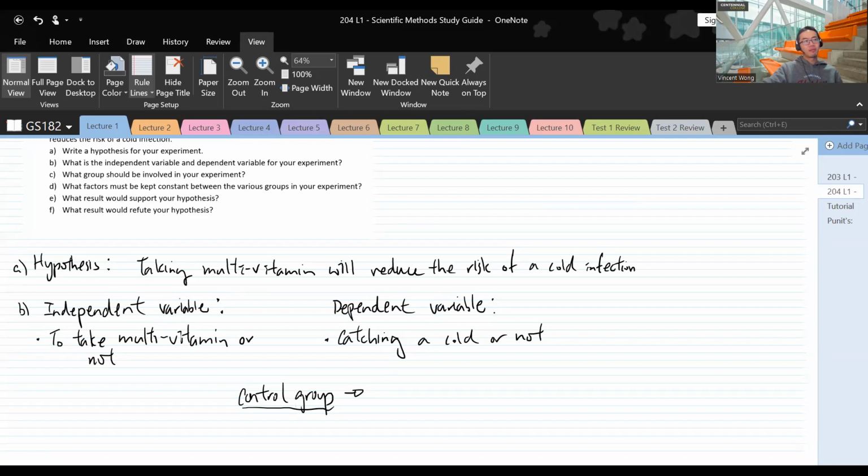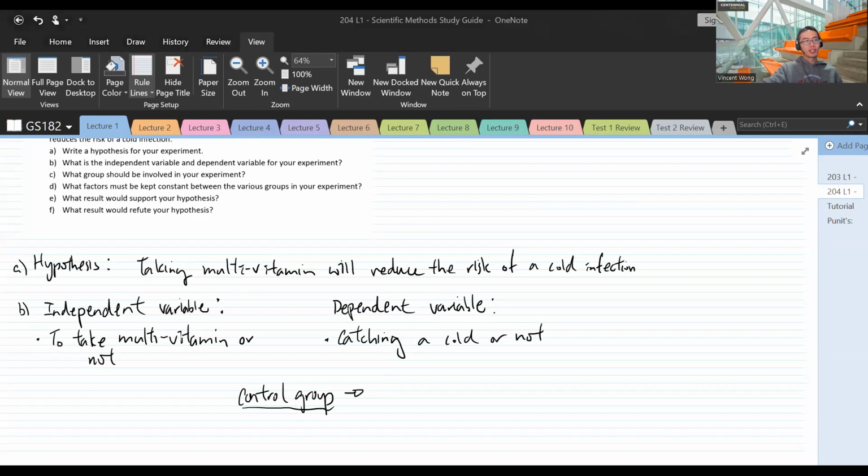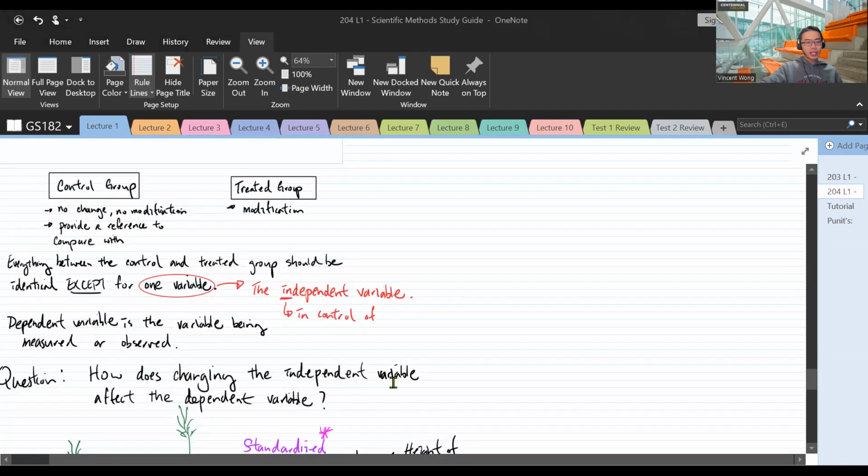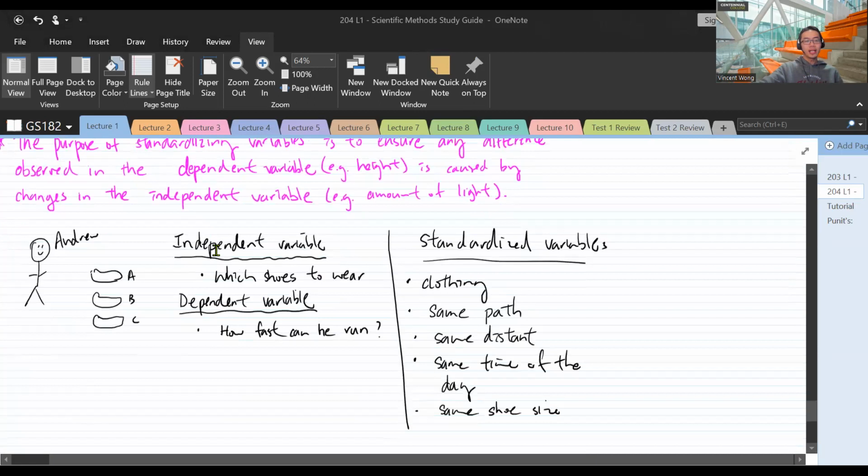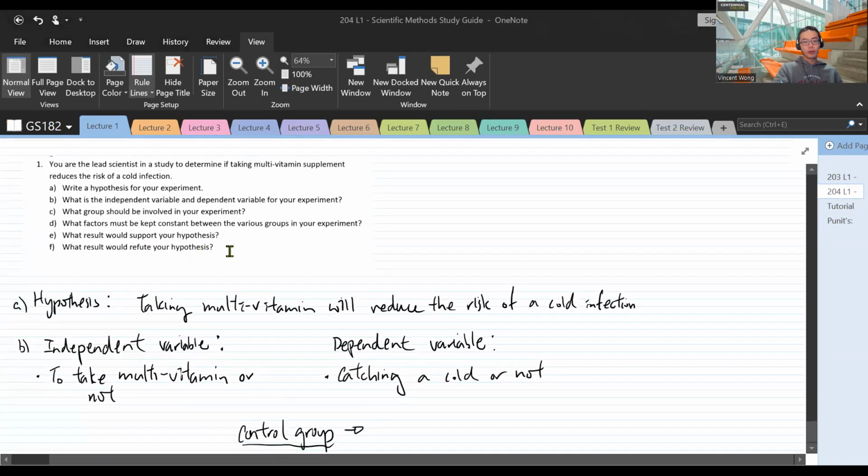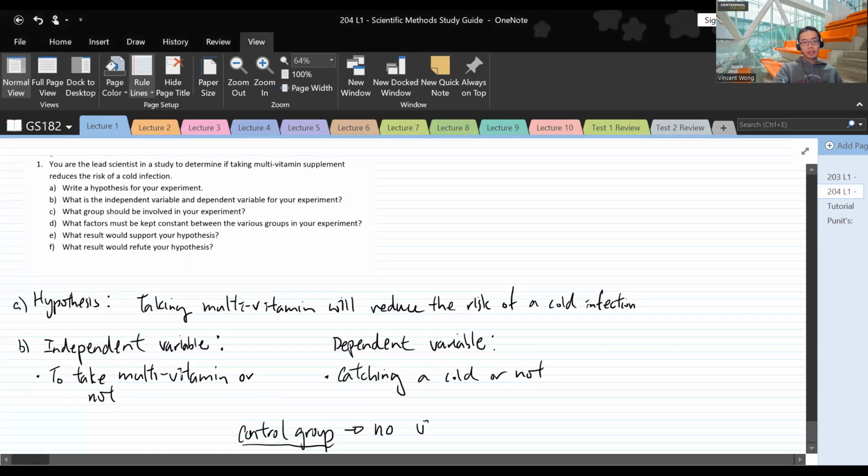Or should I not give them vitamin? Or does it matter? Manish says no vitamins for the control. Yeah, no vitamin. Okay, the control is where there is no change, right? No modification. That's the reference. That's the baseline that we want to compare it to, right? So for a control group, no vitamin.